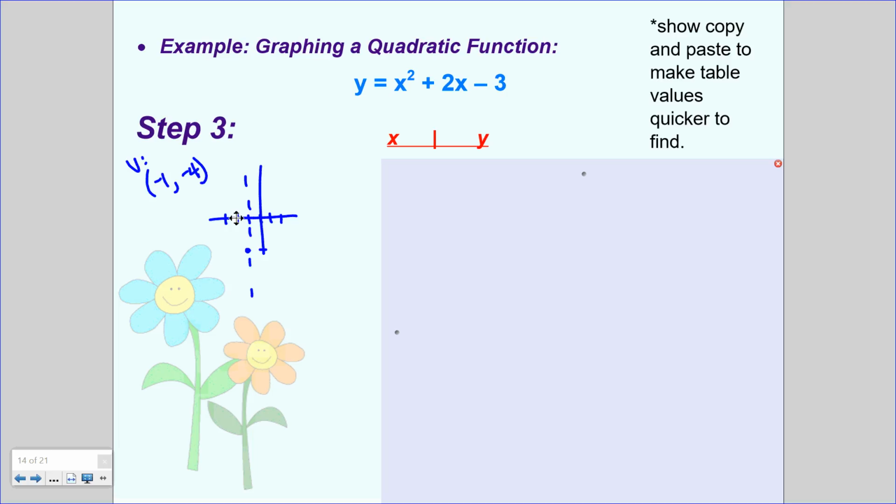So an x value that might fall to the left would be -2 and then -3. To the right, we've got 0 and 1. So notice I'm just starting on the x-axis, looking at my axis of symmetry, and really just going 2 to the left and 2 to the right. And that's how I'm going to determine which x values I use to find some more points.